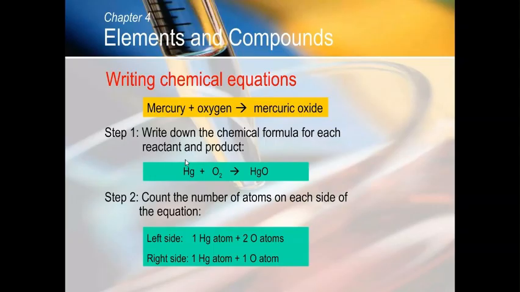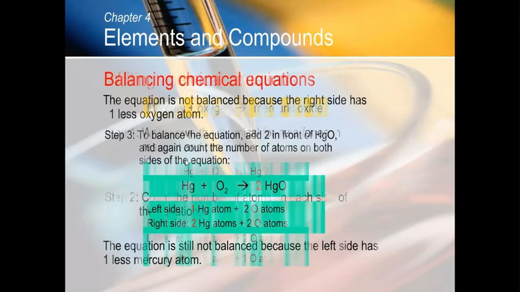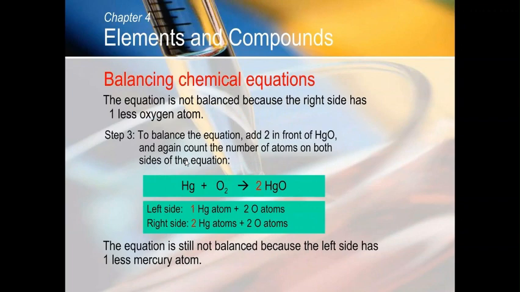How do we balance that? On the left side, we have one Hg atom and two oxygen atoms. How do we balance that off? Let's go into the third step now. You need to make it even.